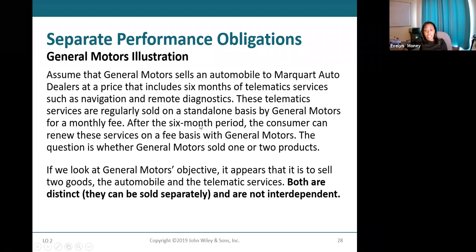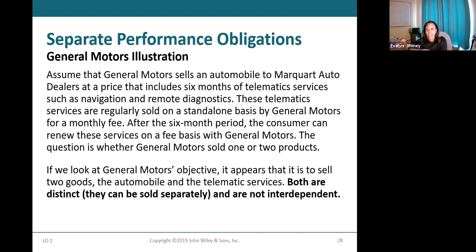Keep in mind that after the 6-month period, if they happen to sell that to a customer, the customer can continue to get this product from General Motors by paying a fee. So the products can be sold separately, and they're not necessarily interdependent. You can have a car without the remote diagnostic services.